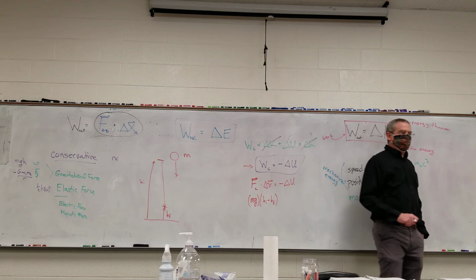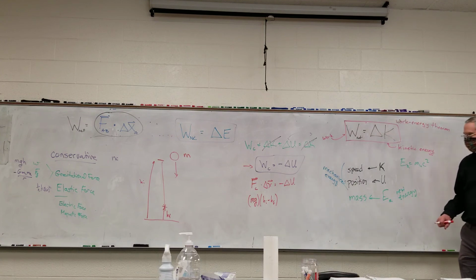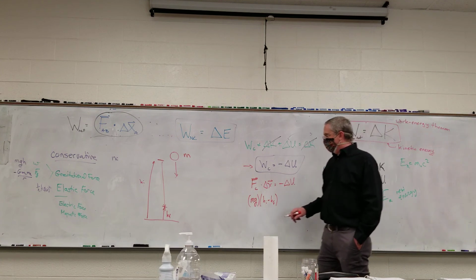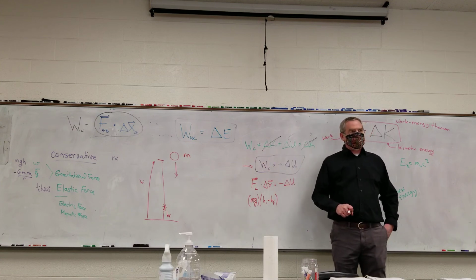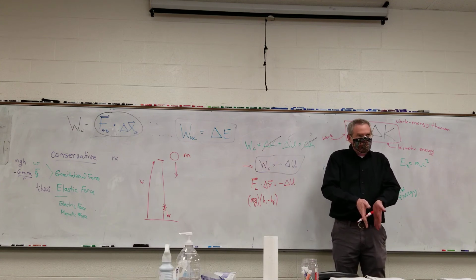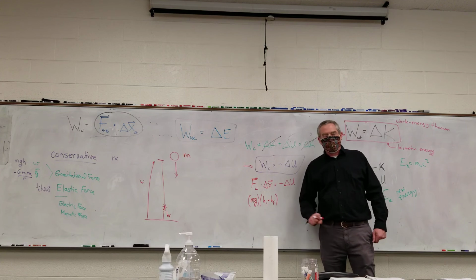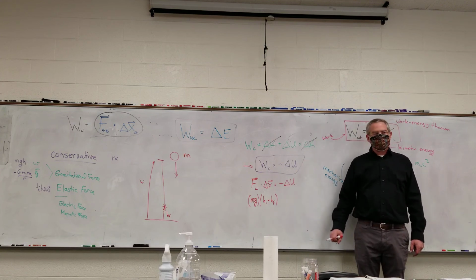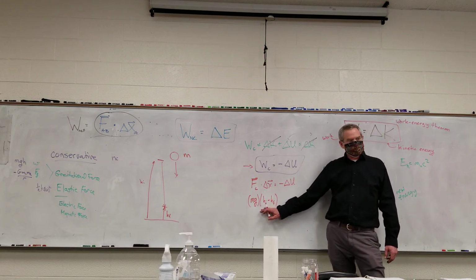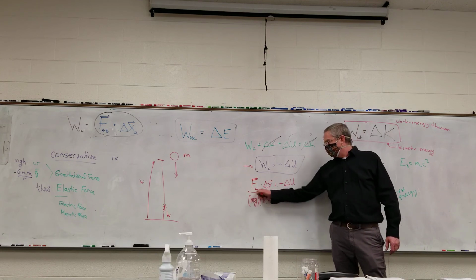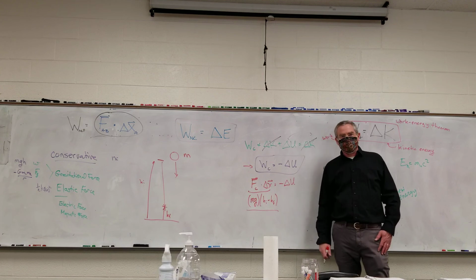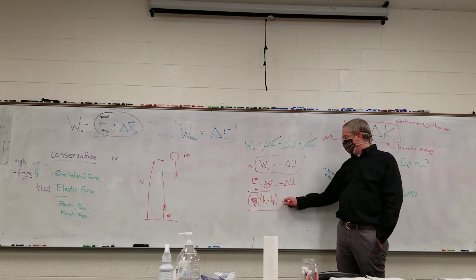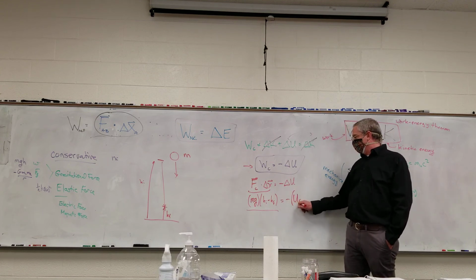Now the question is, why am I doing initial minus final here? I know that the work is positive, because the force and the displacement are in the same direction. I know my initial height is a bigger number than my final height, so that's why I did it this way, so that this is a positive number. Because I know that this is positive, therefore this better be positive. And that's equal to the negative U final minus U initial.